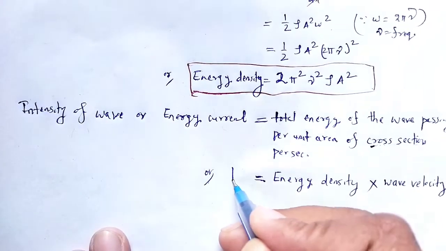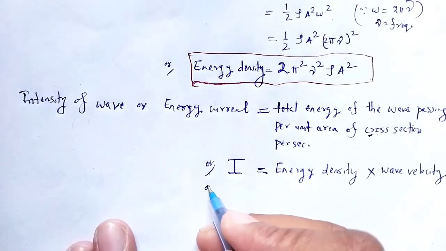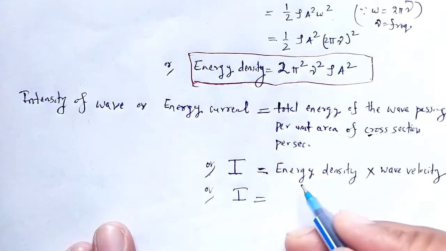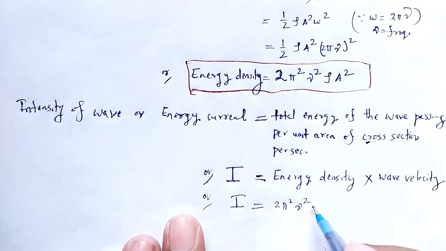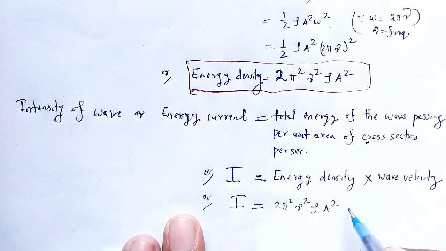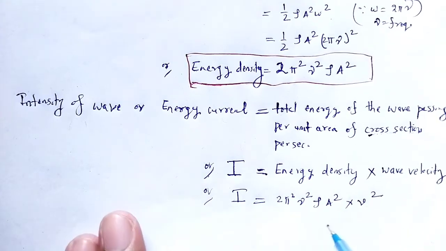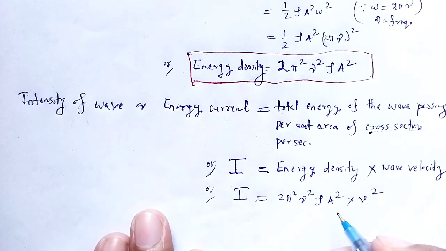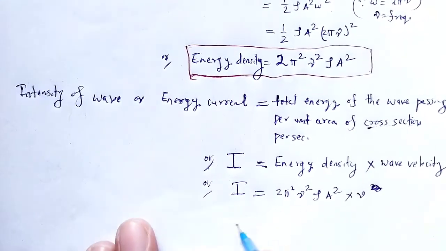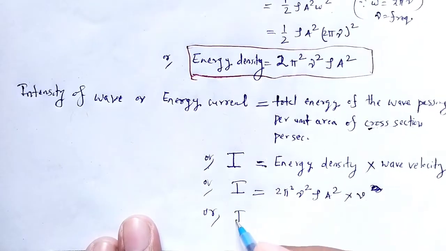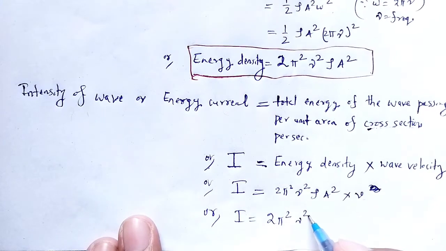So, intensity of wave I is equal to energy density into wave velocity, that is 2 pi square nu square rho a square into v, where v is the wave velocity.